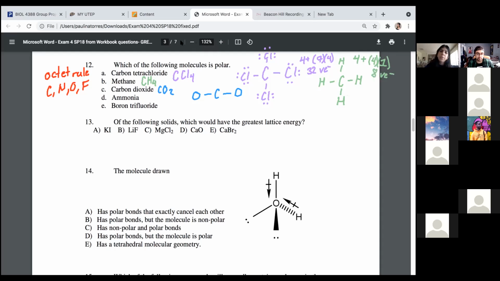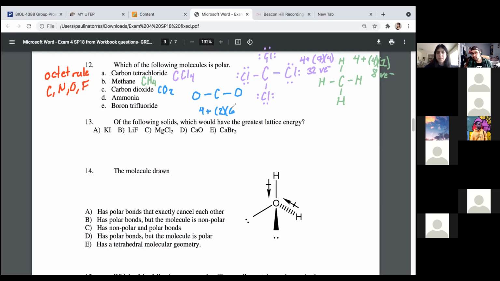All right, so what about for carbon dioxide? We have 4 valence electrons for carbon, plus how many for oxygen? So we have 2 oxygens with how many electrons? Six.